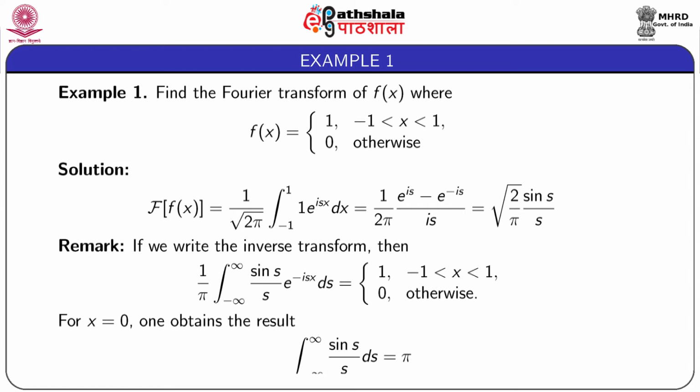Remark, if we write the inverse transform, we will get back the function itself. So, inverse transform is given by 1 by pi integral minus infinity to plus infinity sin s by s e to the power minus I s x ds, which is equal to the given function, that is equal to 1 when x lies in the interval minus 1 to plus 1 and 0 otherwise.